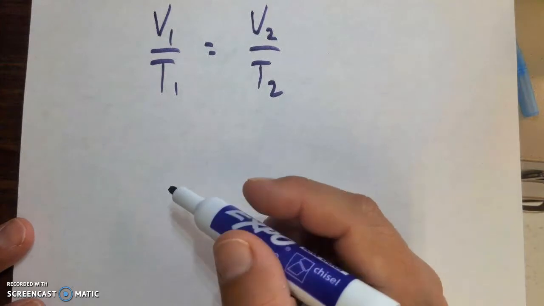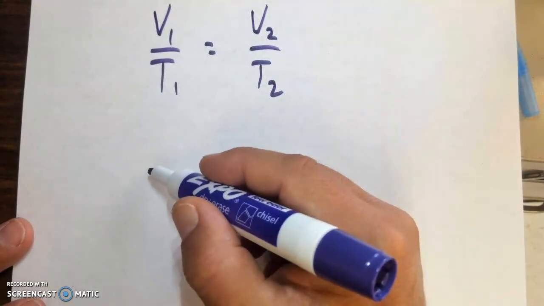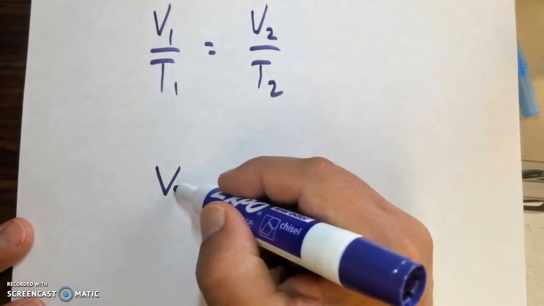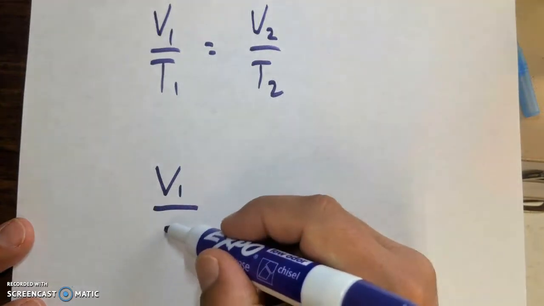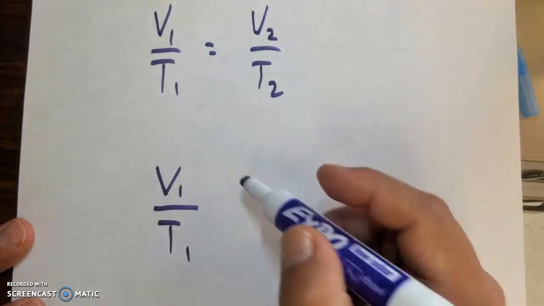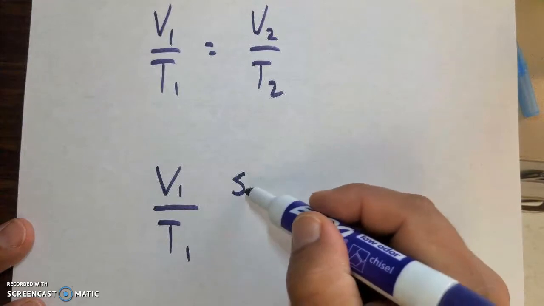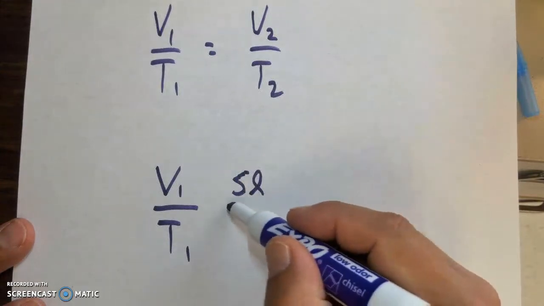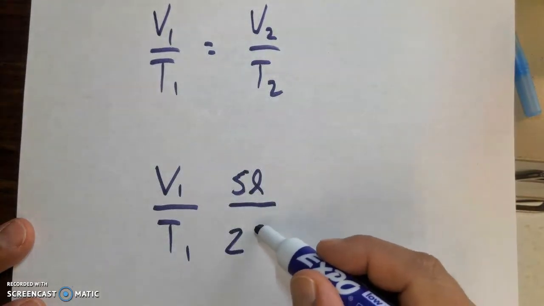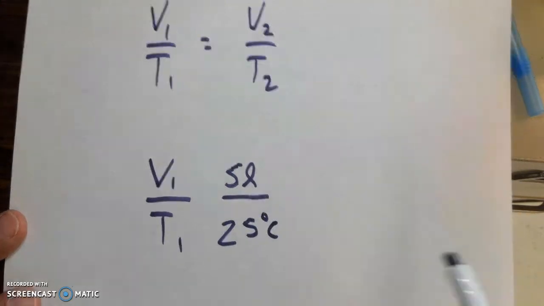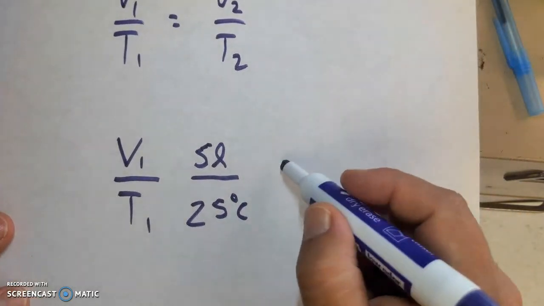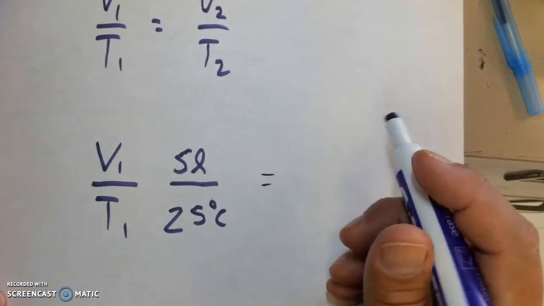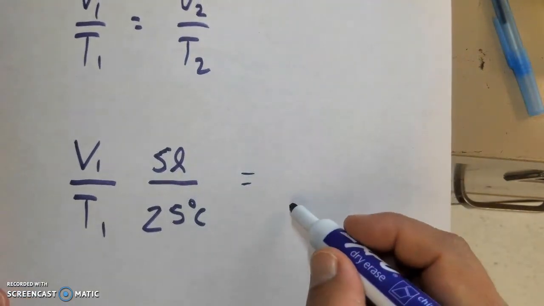So here we go. The volume of the balloon that is at room temperature is going to be 5 liters, okay? And we're going to put that at 25 degrees Celsius. All right. So we want to know how big a balloon would be if you threw it in an ice bath.